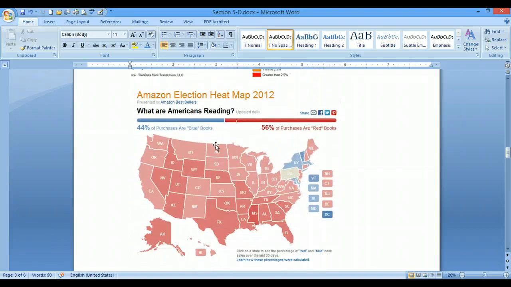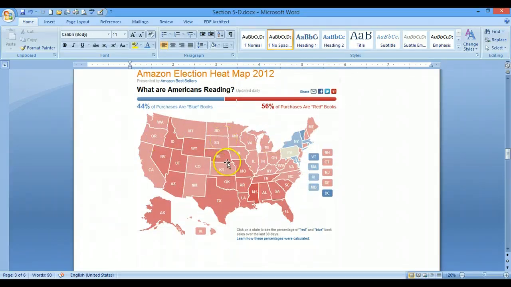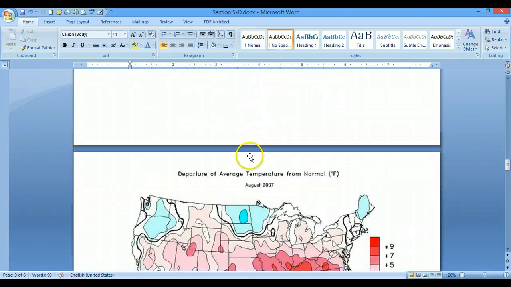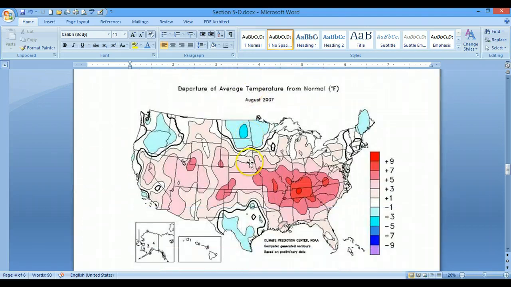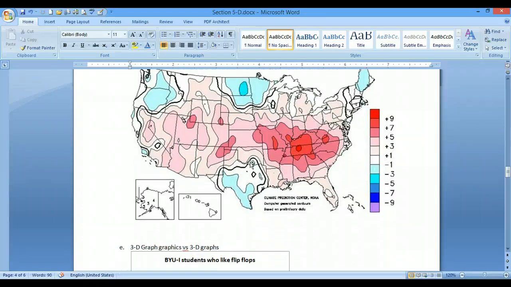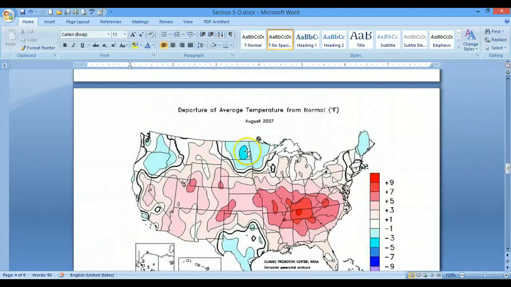Another one, we could just talk about the elections and how just recently we had an election, and they will show some of them the states turning blue or red according to which candidate won that state. You can also have averages on temperature or contour maps and different ways of showing geographical data. And it doesn't have to just be the United States.